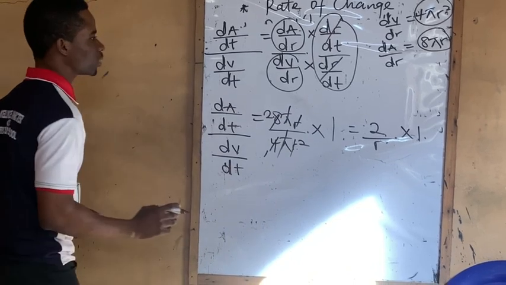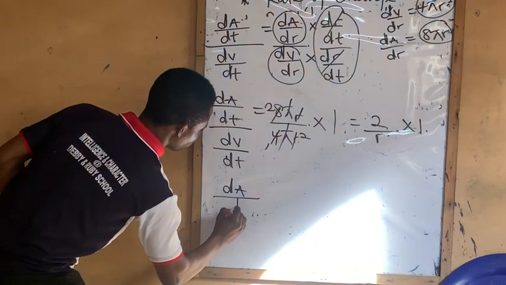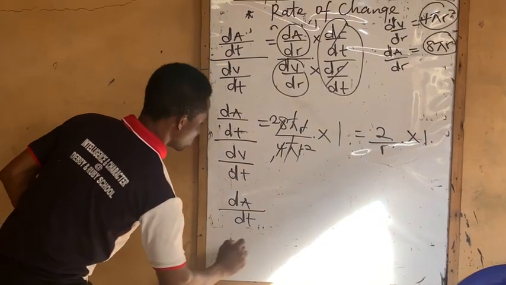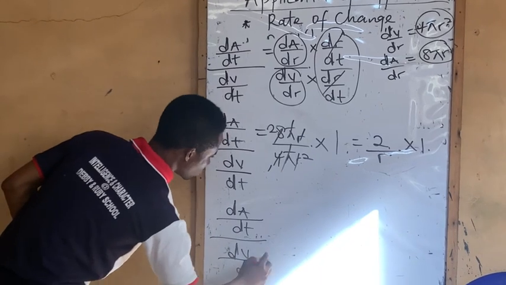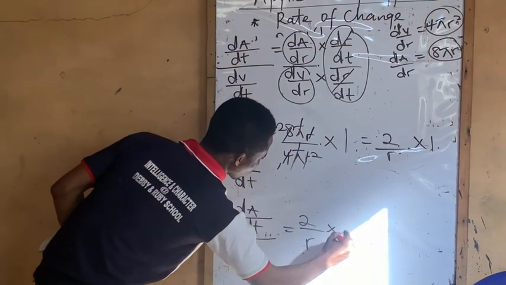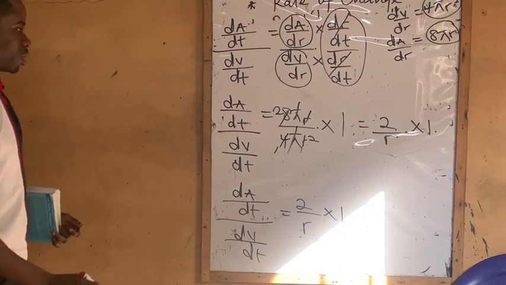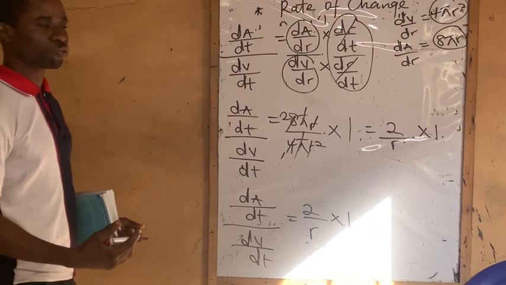Well, after that, what will I do? I have dA/dt divided by dV/dt, so I'm having 2 all over r times 1. I can cross multiply because 2 all over r times 1 is still 2 all over r.